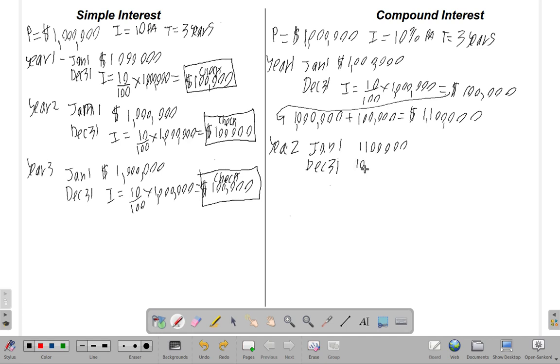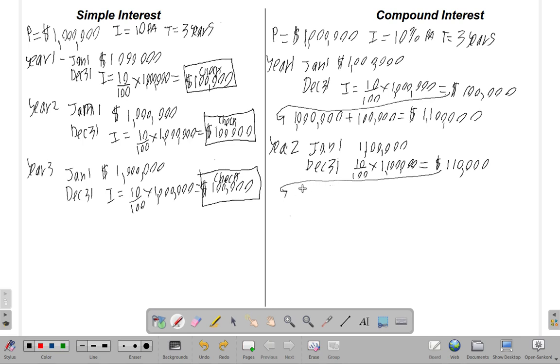It's 10% off the latest amount you had, $1,100,000, and that gives you $110,000. Alright, let me put the commas here. So you get $110,000.